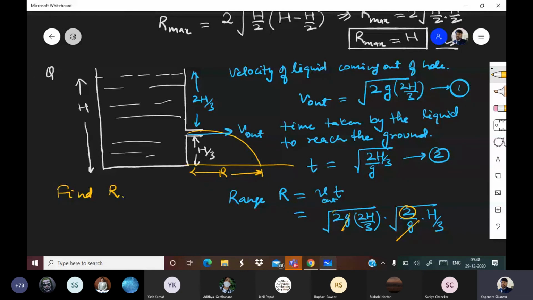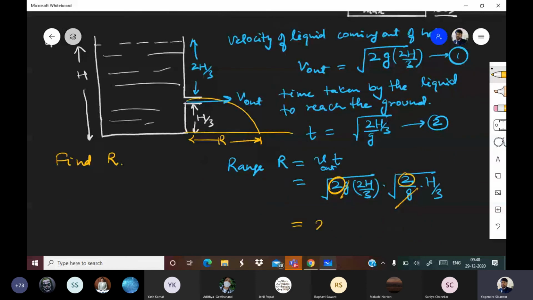This 2 and this 2 will become 2 outside. So 2 in the bracket, 2H by 3 into H by 3. So this will be 2 root 2 H by 3. This is the answer.